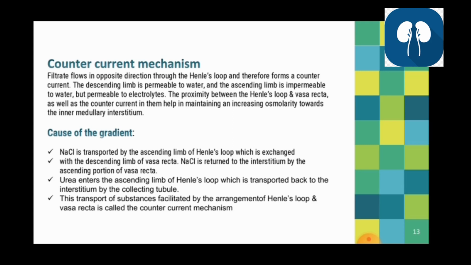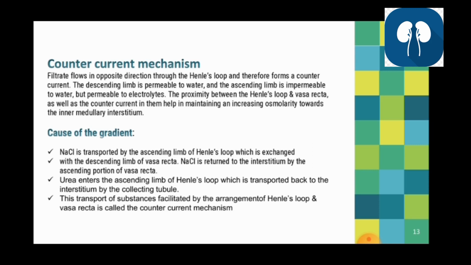So, the NaCl moves along the osmolarity gradient, right? The NaCl is moved out from the ascending limb of Henle's loop and the descending limb of vasa recta.